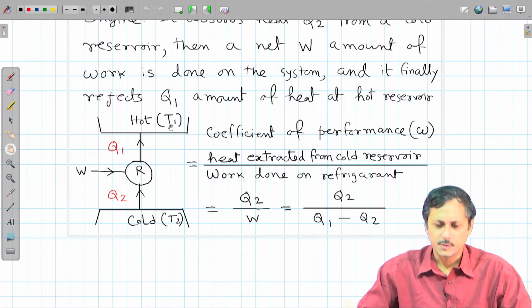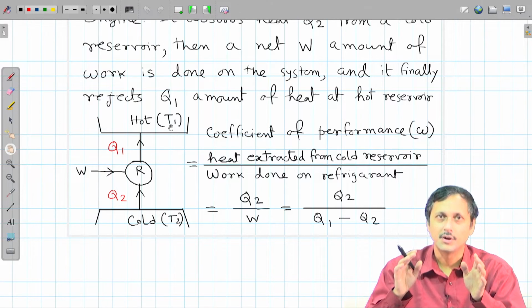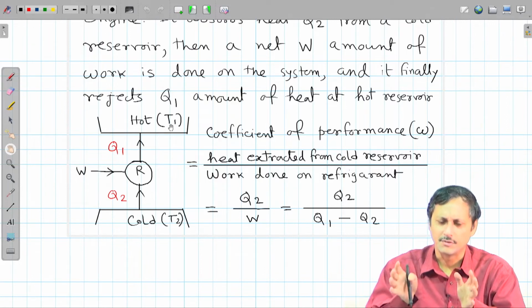Now, typically what happens is, like we can define efficiency of an engine, we can define coefficient of performance of a refrigerator, which is the ratio of heat that is extracted from the cold reservoir and the work that is done on the refrigerator.